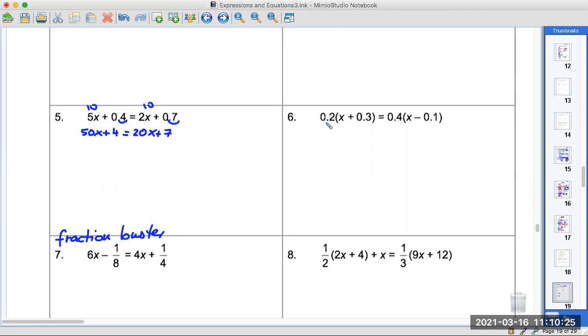With this one, you could, let's multiply it out. You can use a calculator. 0.2x plus 0.2 times 0.3, I believe, is 0.06, but let me try it. Yep, 0.06.